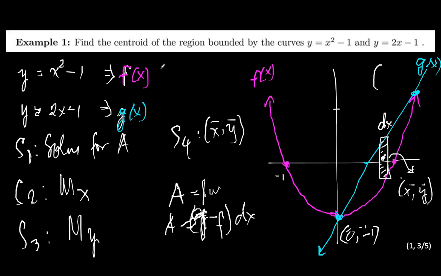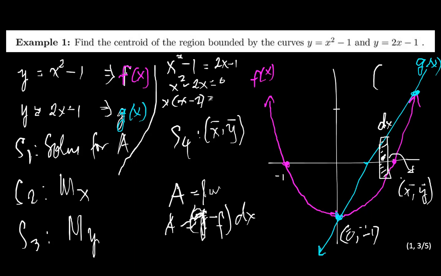For the point of intersection of these two curves, we can solve for x when we equate them. So x squared minus 1 equals 2x minus 1, which gives x squared minus 2x equals 0, or x times x minus 2 equals 0. Therefore, x is equal to 0 and 2.